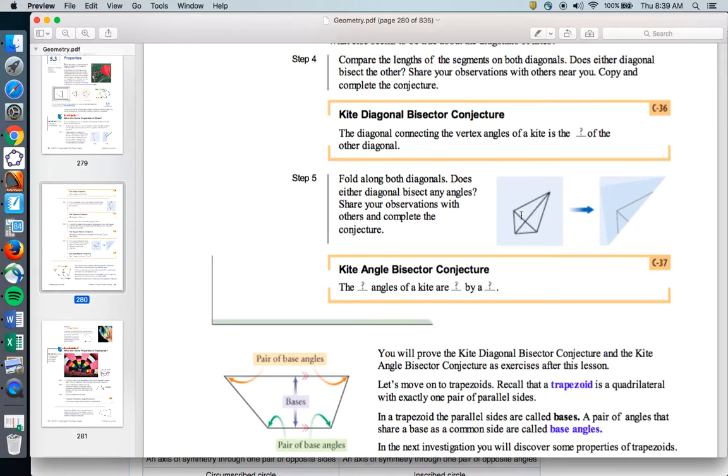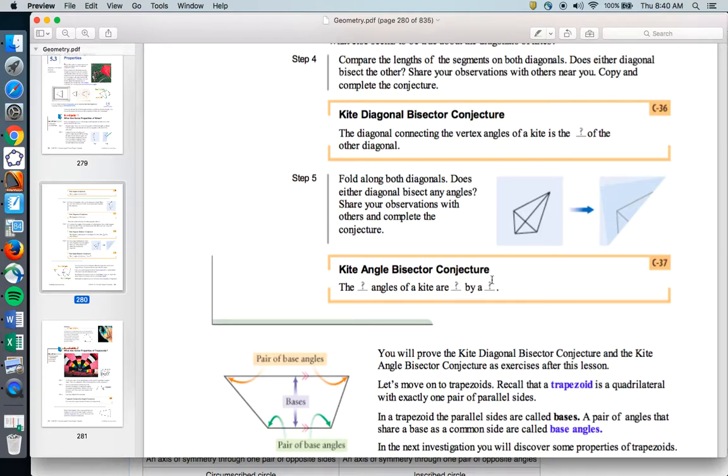Here it doesn't happen, because this right triangle and this left triangle are not congruent. But the vertex angles, this diagonal actually bisects them because we have two congruent triangles here and two congruent triangles here. So the KABC says that the vertex angles of a kite are bisected by a diagonal.